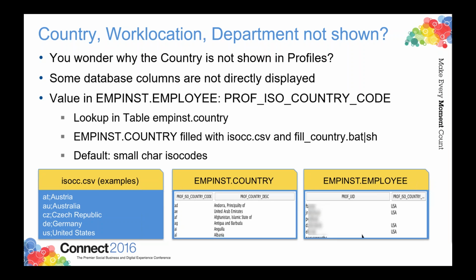You can add the ISO code in capitals, or you can change the value within the profiles database, maybe through a JavaScript function, to small characters. There are many ways, but I show some steps later. So you need to have small characters within the employee table in your people database when you want to use the built-in one.